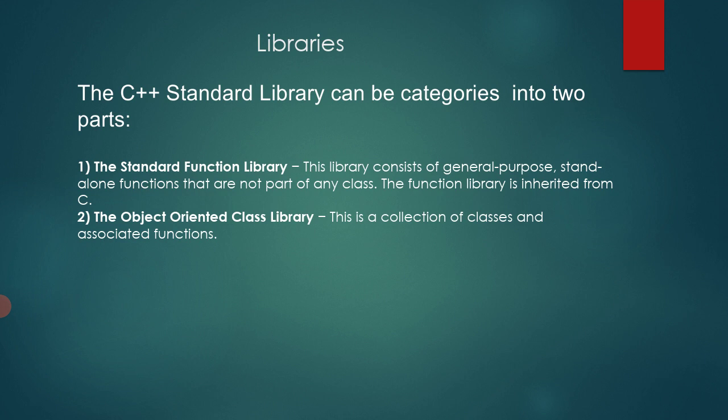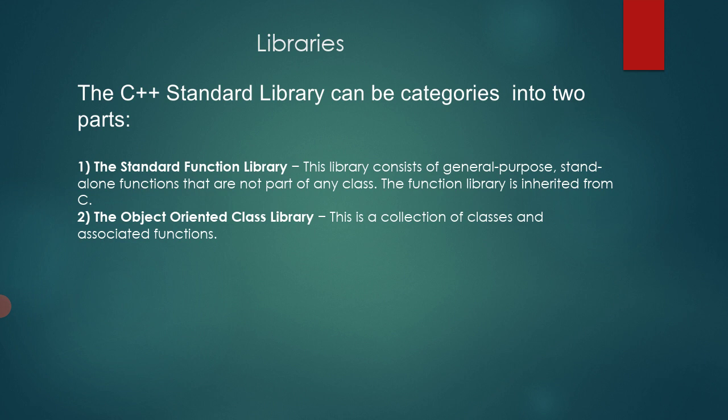Now the next category is the object oriented class library. Students, I have explained that the C language is not based on objects, whereas C++ is based on objects. That's why C++ is called an object oriented programming language. This object oriented library is a collection of classes and associated functions.